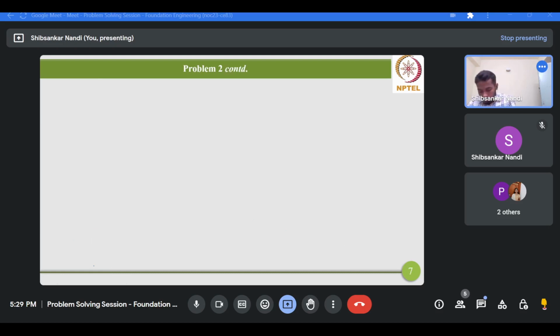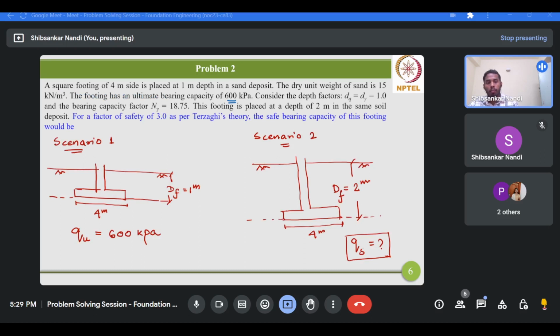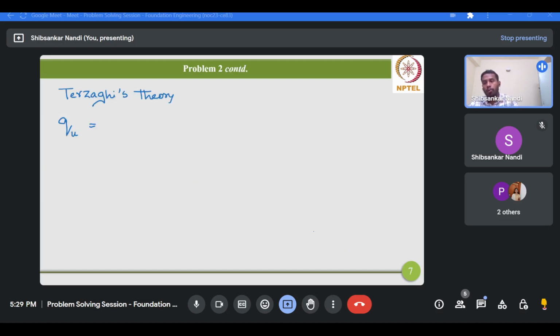Now please check that as per Terzaghi's theory, this q ultimate, because to determine the q safe, first we have to start from q ultimate.